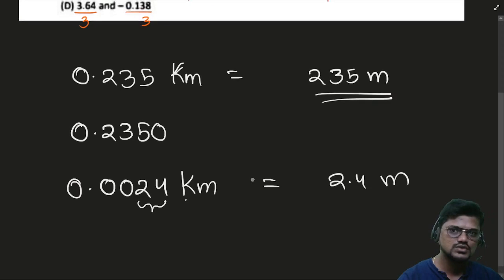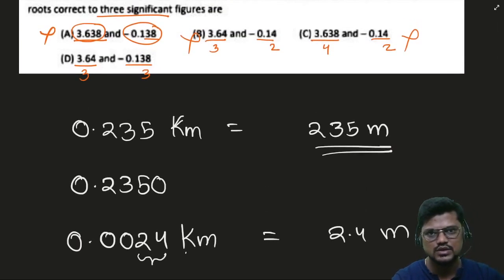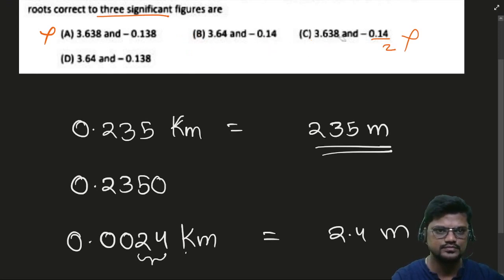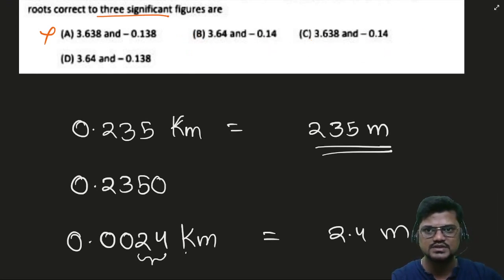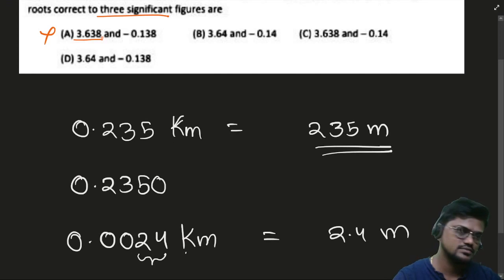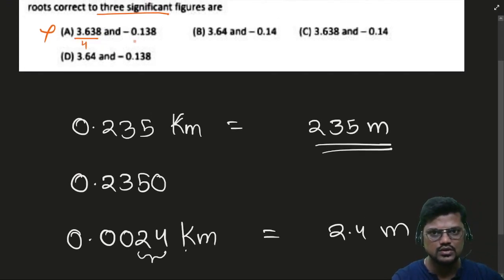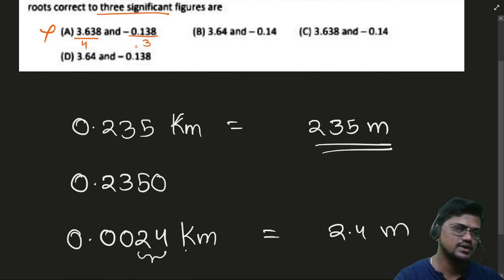Fine. So similarly over here, you can see this. This is 3.638. So over here the number of significant figures is 4. Over here the significant figures are after the point. If there are only numbers, you can count them. So that's why the significant figures are 3. Since this has 4 significant figures, this cannot be the answer.